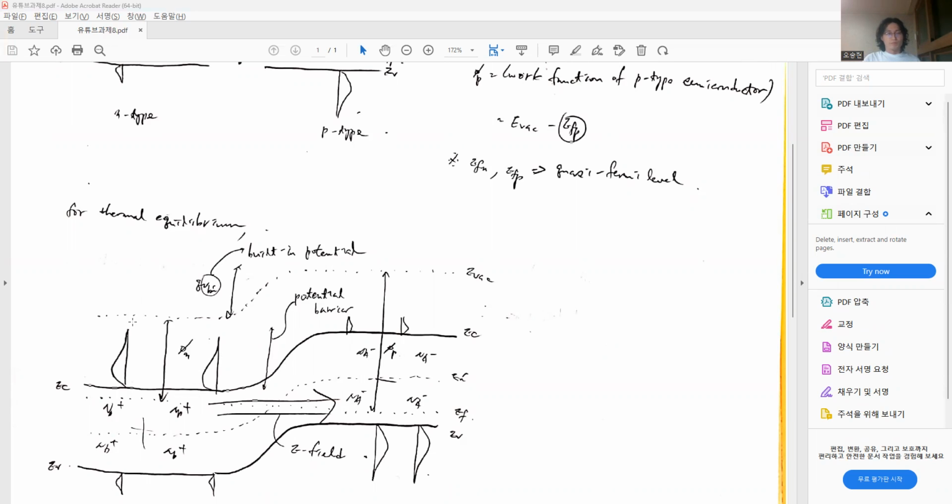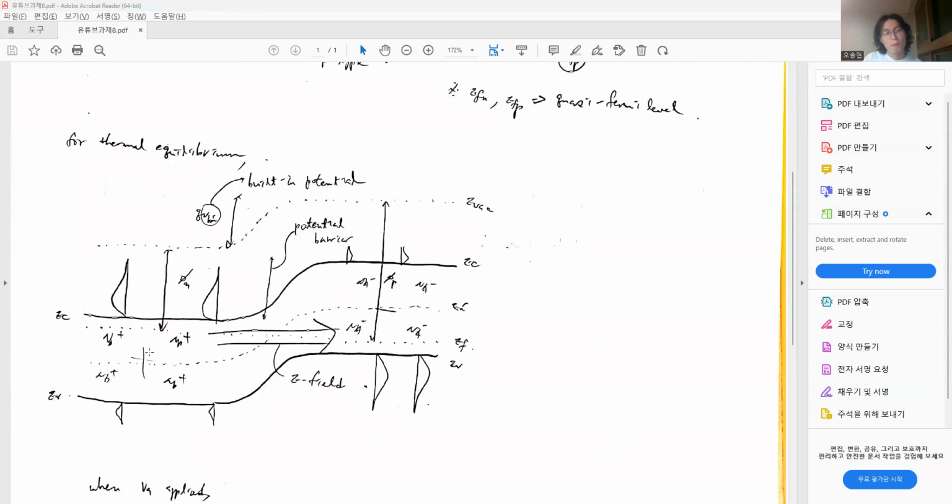So this quantity is from the calculation of the difference of the work function of p-type semiconductor to the work function of the n-type semiconductor.